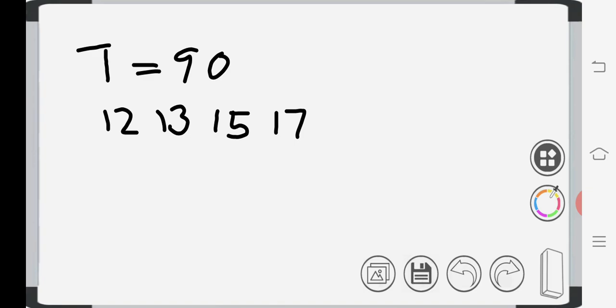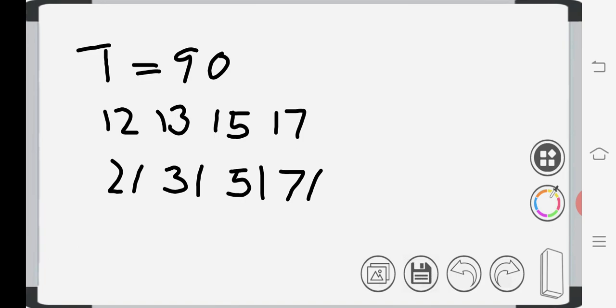Similarly, we can write next numbers using these numbers 2, 3, 5 and 7. By putting 1 on right side of each number, 2 becomes 21, 3 becomes 31, 5 becomes 51, 7 becomes 71.